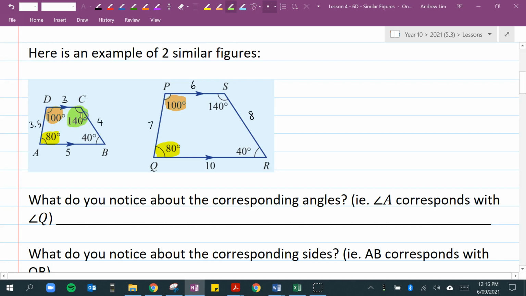C corresponds with S, they're both 140 degrees. And B corresponds with R, they're both 40 degrees. So corresponding angles in similar figures are equal.